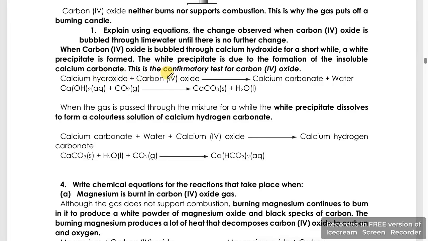So explain using an equation the change. When carbon dioxide is bubbled through calcium hydroxide for a short while, a white precipitate is formed. That is a test for carbon dioxide.